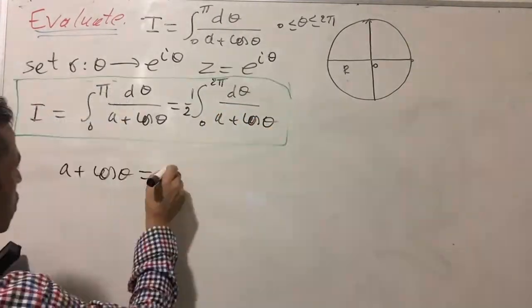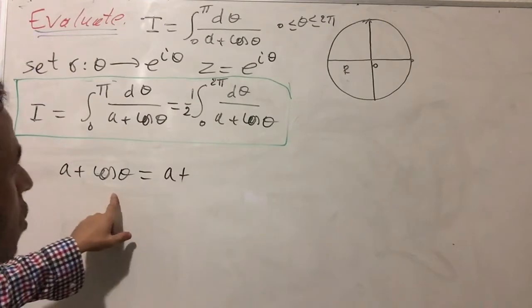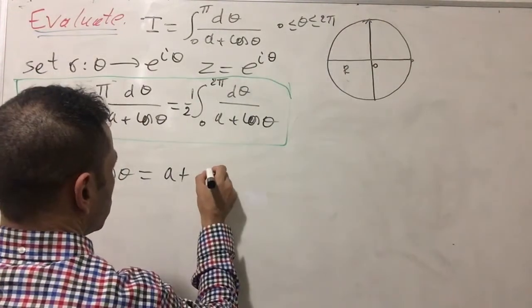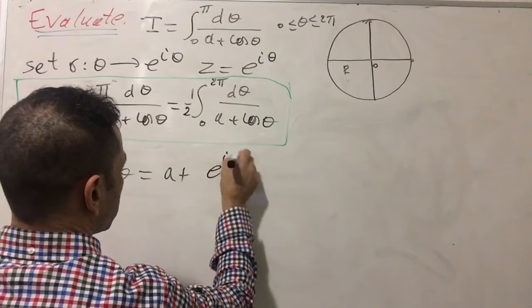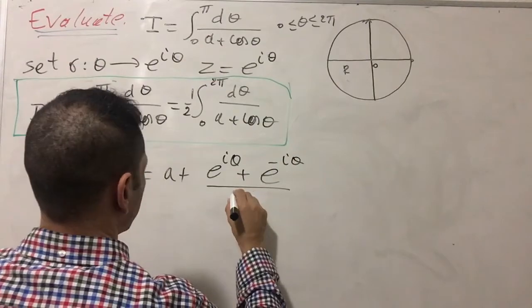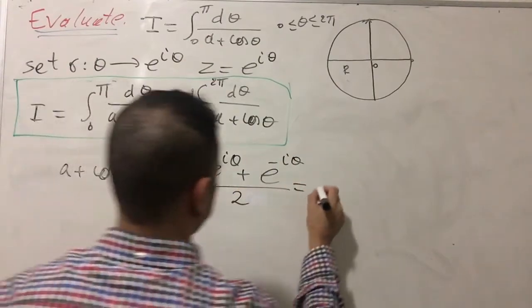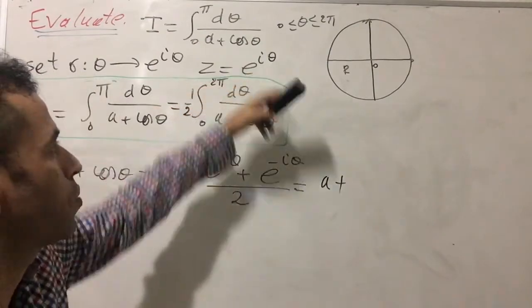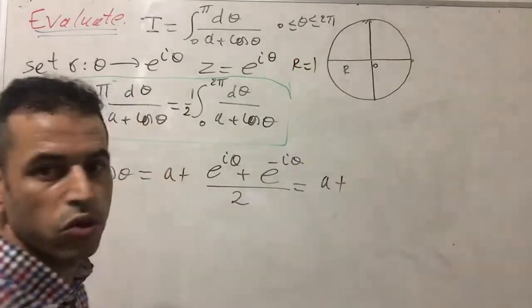I'm going to replace cosine theta with the Euler formula, so I will have cosine theta equal to e to the i theta plus e to the minus i theta over 2. As we mentioned before, z equal to this one because r equal to 1 as the radius of this circle.